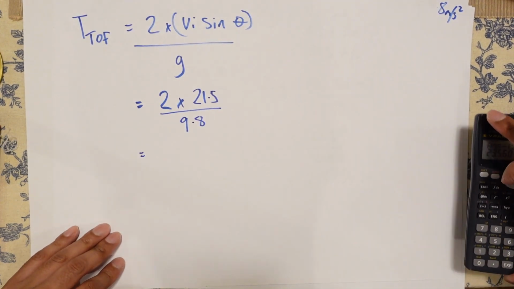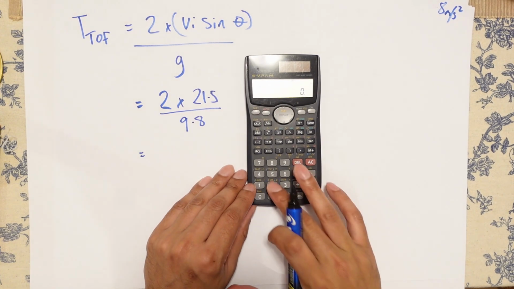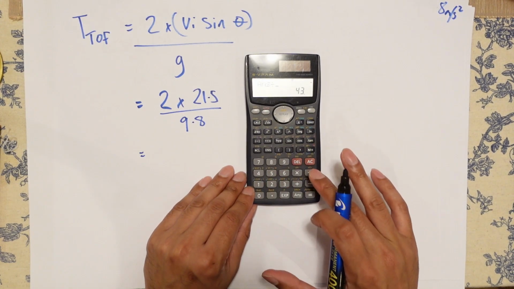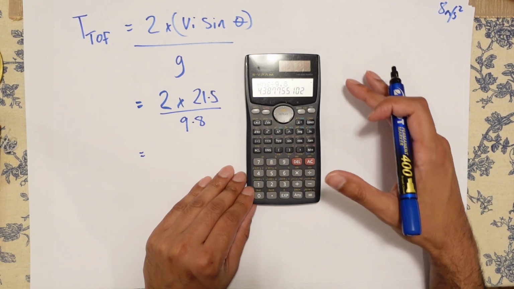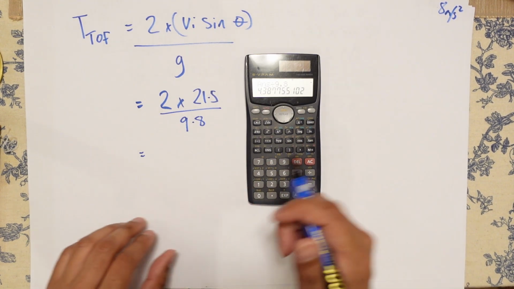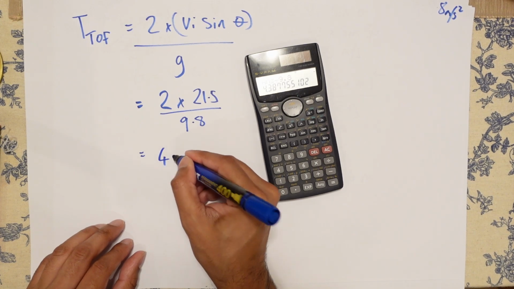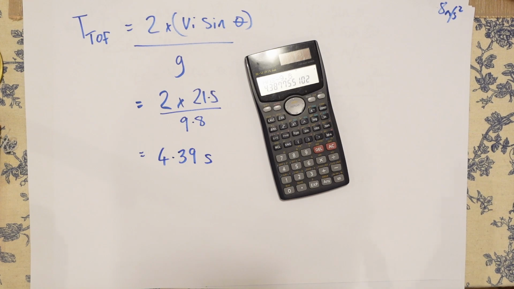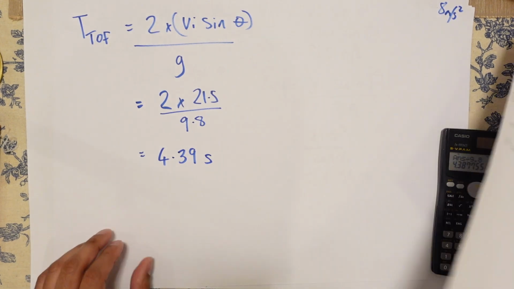So let's get that together. 2 times 21.5 divided by 9.8, and that's 4.39. Remember to round up. 4.39 seconds. Easy.